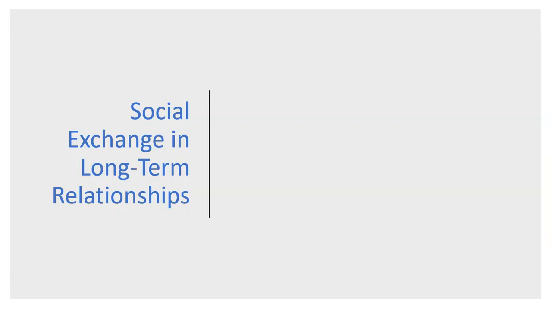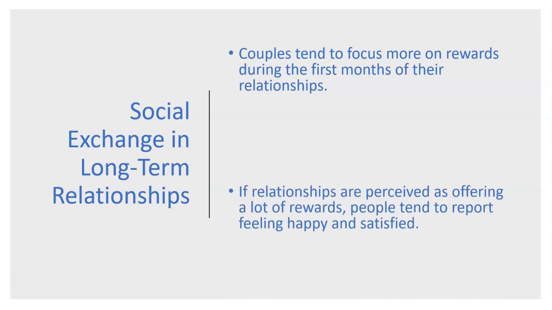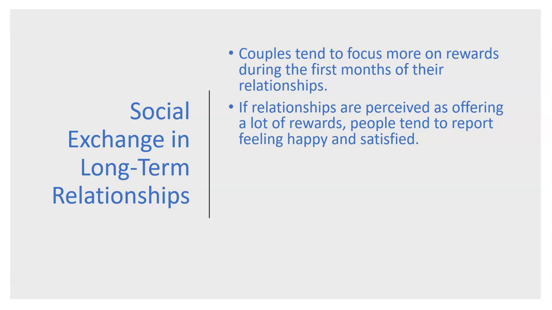If you look at how social exchange theory plays out in long-term relationships, what researchers have found is that couples do tend early in their relationships to give more of their attention, when they're describing their relationships, to the rewards. As relationships go on, there's more of a mixture of costs and benefits.